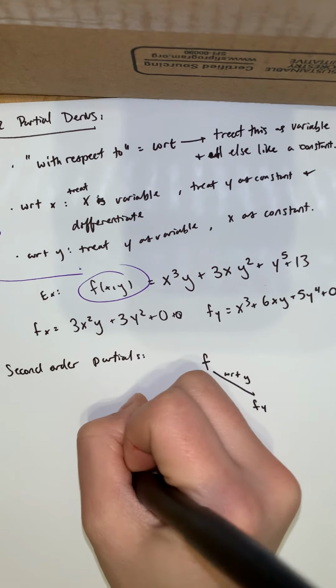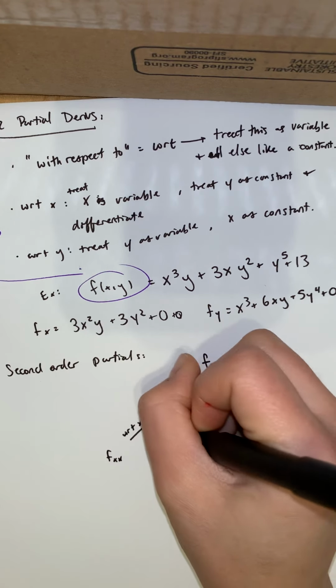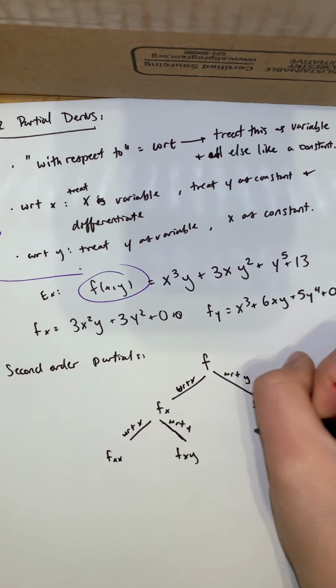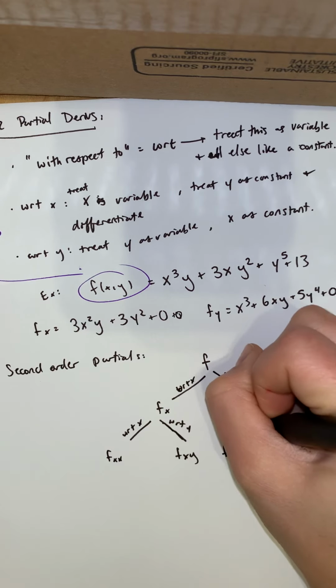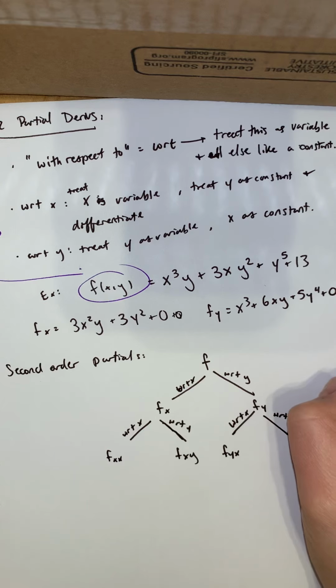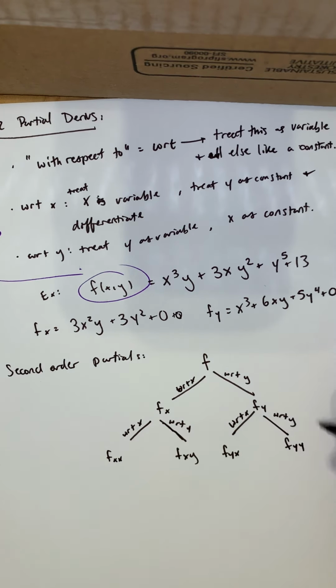And then down here I get f sub xx, again with respect to x, then f sub xy, f sub yx, and f sub yy. So these were all of my second order partial derivatives.